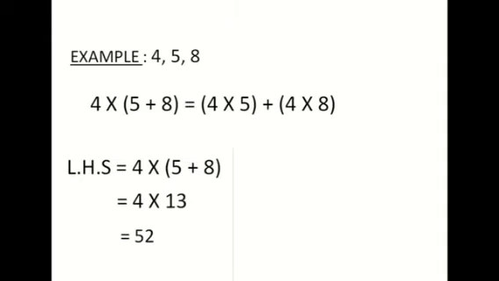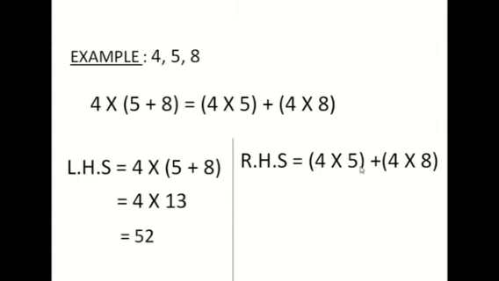Now do the calculation for the right hand side. The right hand side is 4 into 5 plus 4 into 8. So 4 5s are 20 plus 4 8s are 32. So write it. Now do the addition: 20 plus 32. 20 plus 32 equals 52.